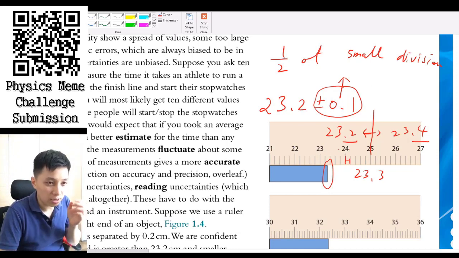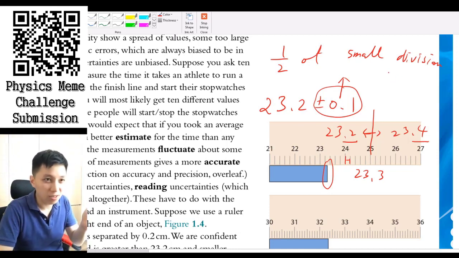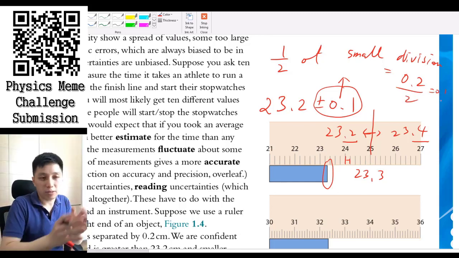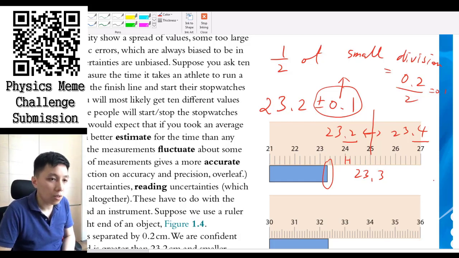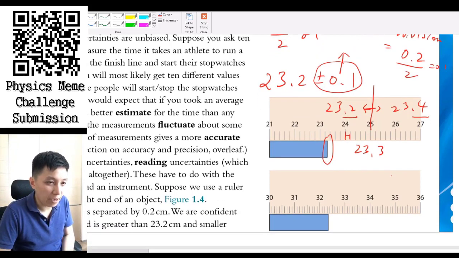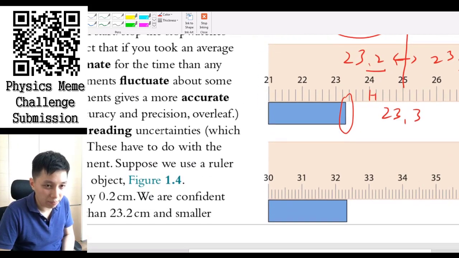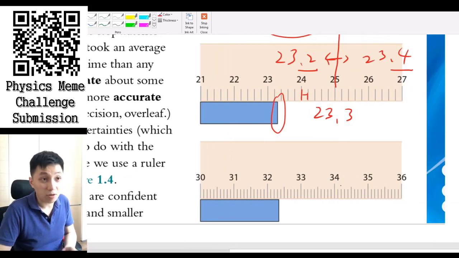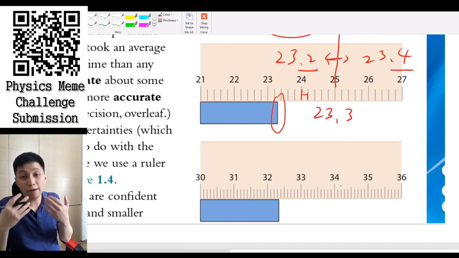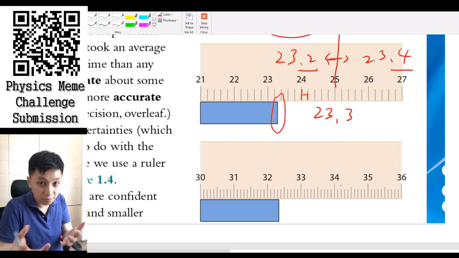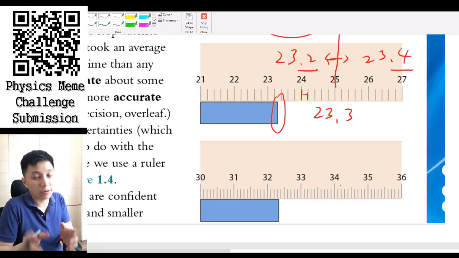So here in this ruler, strangely, it is 0.2, and dividing by 2 means 0.1. So that's why it will be 0.1 here. Think about this: if you have another ruler like the one below, then obviously you'll be able to have a more precise, be careful, precise, not accurate, measurement.